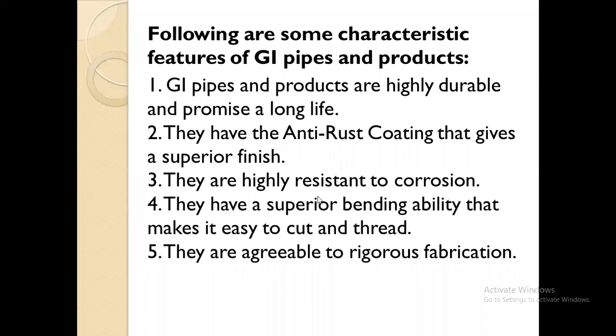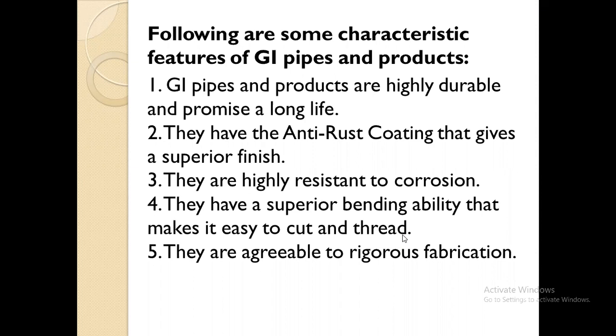They have a superior bending ability that makes them easy to cut and thread. At the time of fitting of the GI pipes we have to go for threading and all those things, and easily we can cut it and provide the threads. They are agreeable to rigorous fabrication.